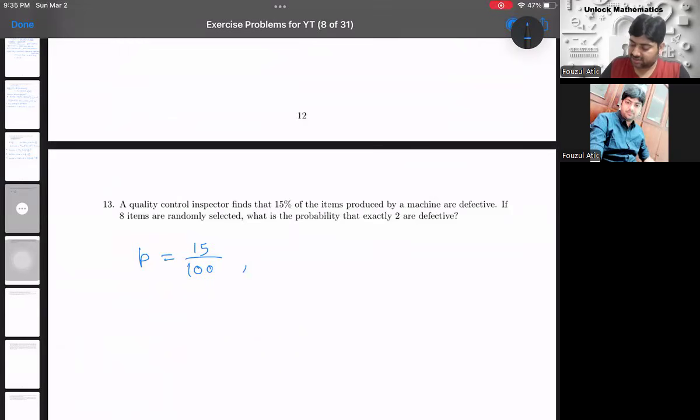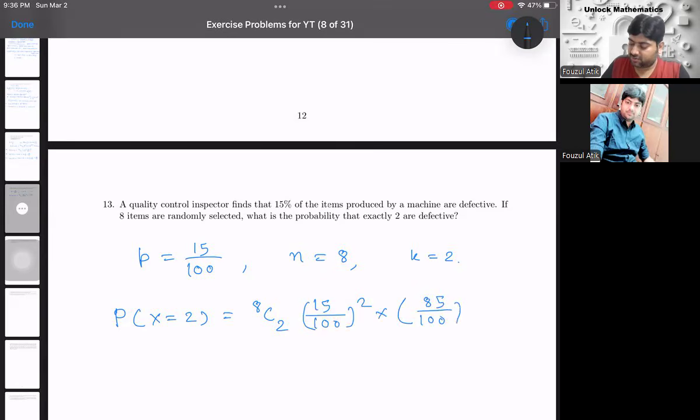So p is equal to this, n is equal to 8 and k is equal to 2. If I apply the binomial mass function formula, P of X equal to 2 is equal to 8C2 into 15 by 100 whole squared into 1 minus p, so 85 by 100 whole to the power 6.